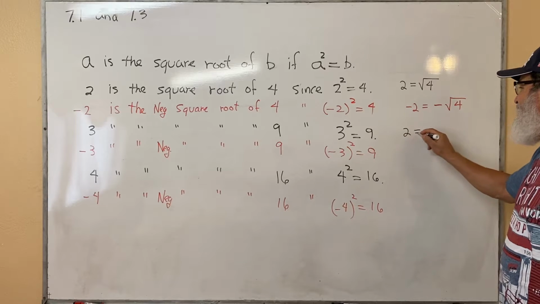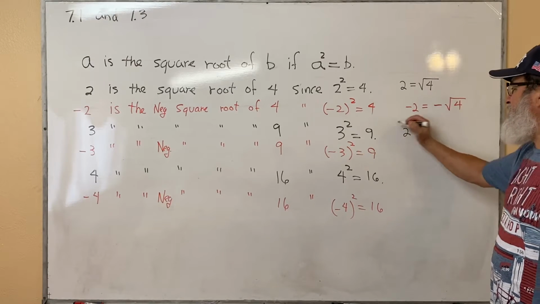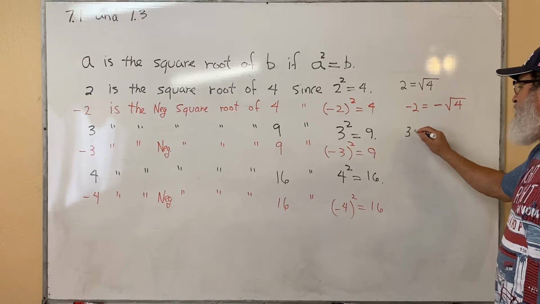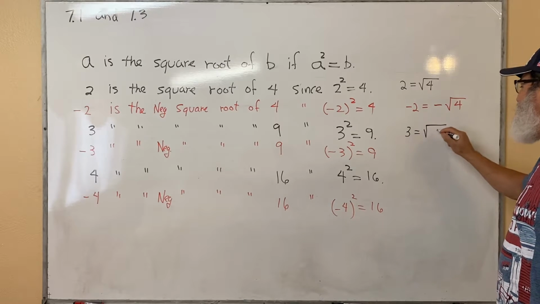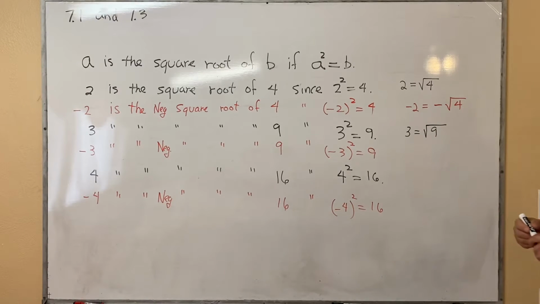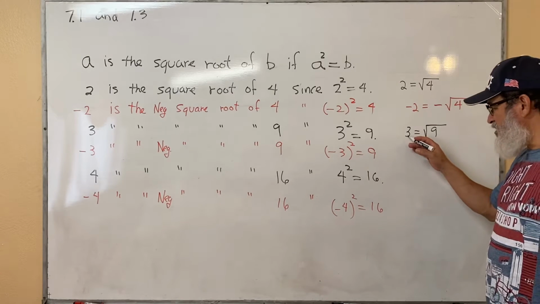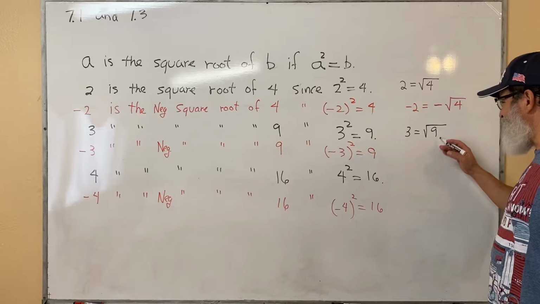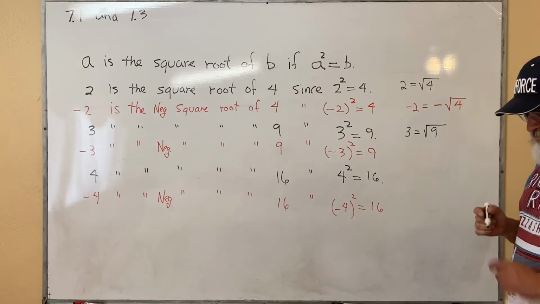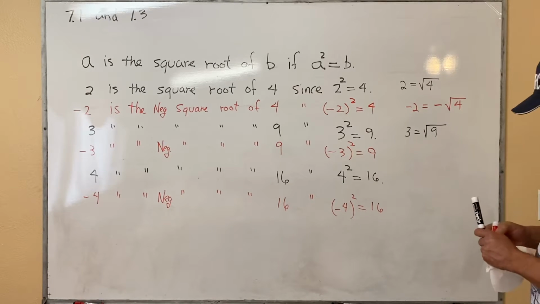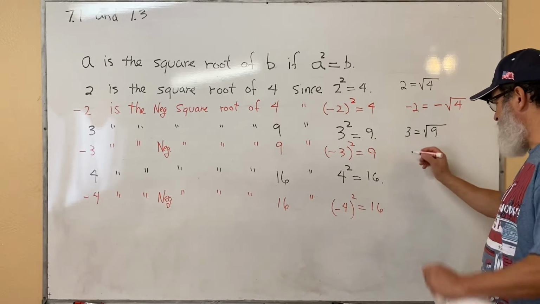I already did 2. How about 3? 3 is the square root of 9. Why is that? Well, because when you square this root 3, you better get 9. And you do. Okay. How about this one?